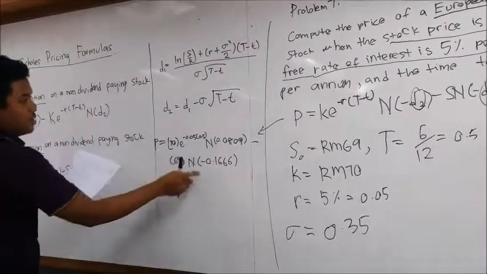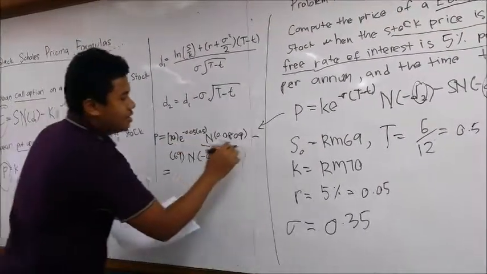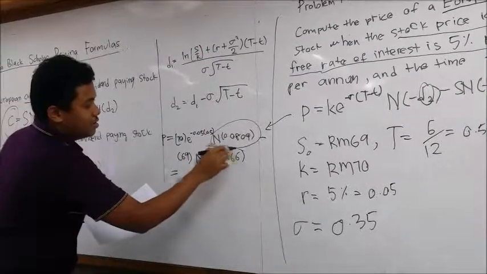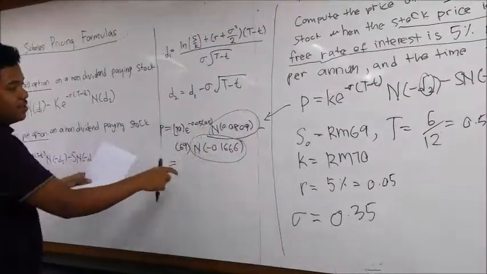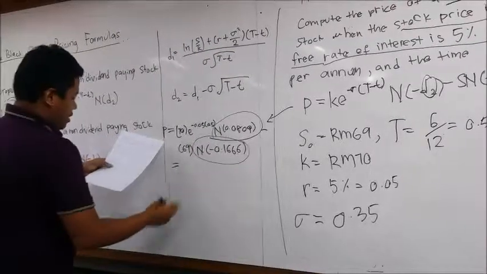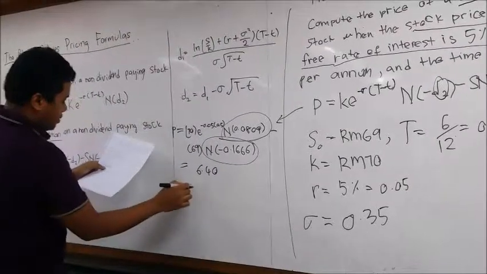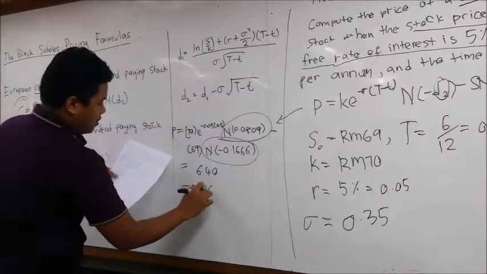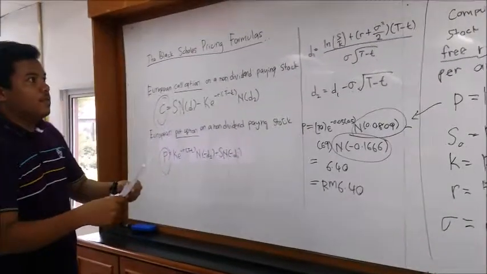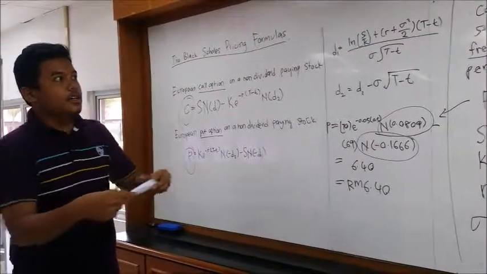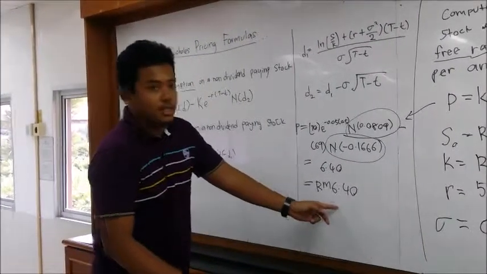This is the formula after we plug in, and you can see there are normal terms. You have to solve these normals first, and then you get the answer. Finally, the answer is 6.40. So the put option is RM 6.40. That's all for problem 7. The European put option for this problem is RM 6.40.